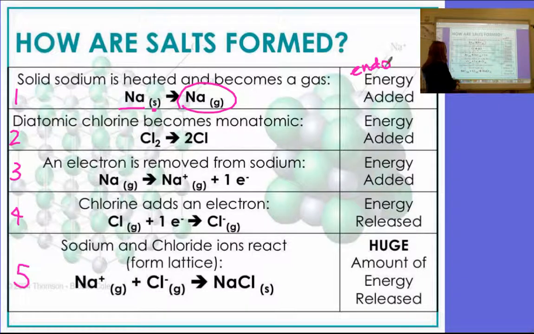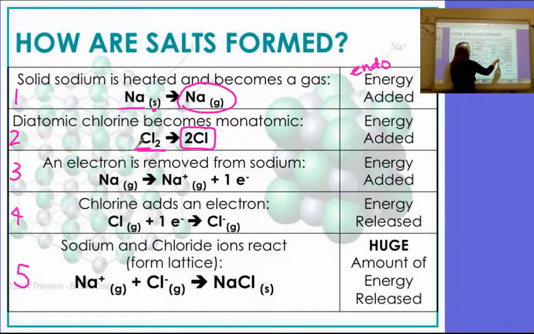Well, what else has to happen? Chlorine here is diatomic, but when I form salt, my formula is NaCl, not Cl2, so I have to break apart that diatomic. When the diatomics break apart, that requires energy as well, because they're more stable in their diatomic state.